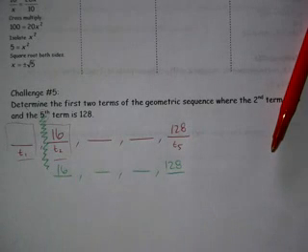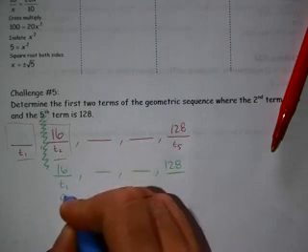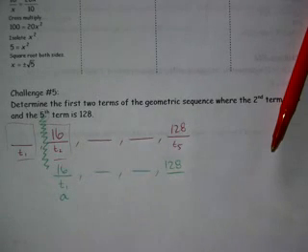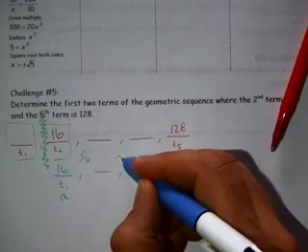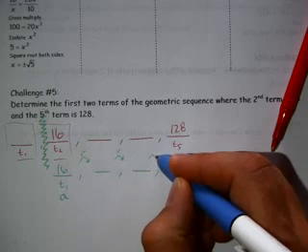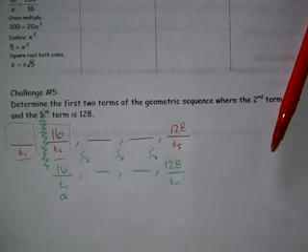And now we have 4 terms. This one becomes our first term called A. And now we multiply by R, and we multiply by R, and we multiply by R, and we get Tn.